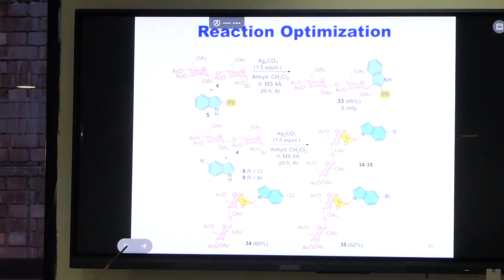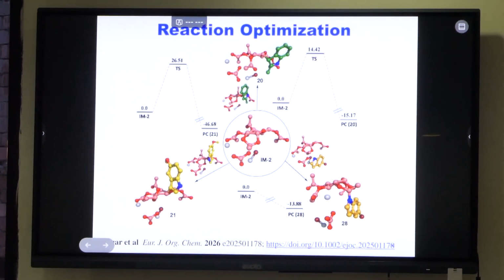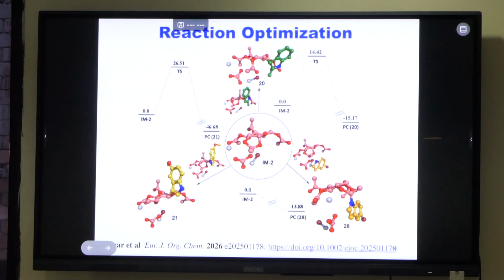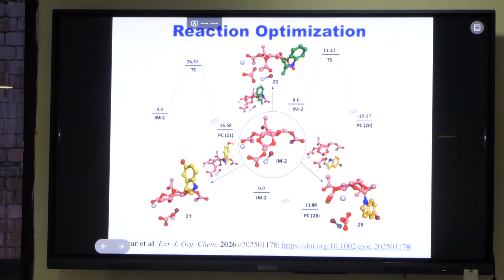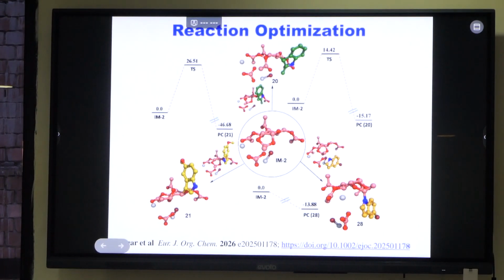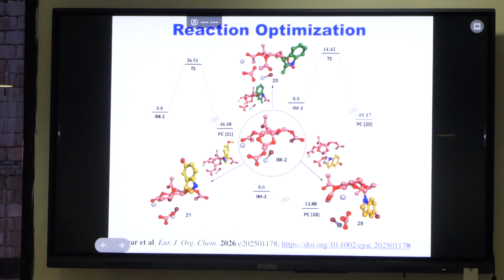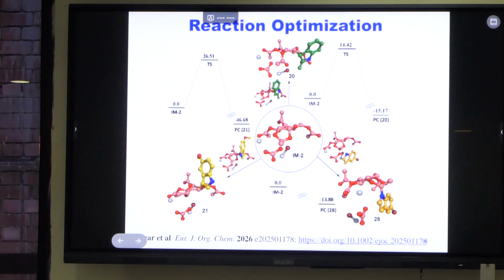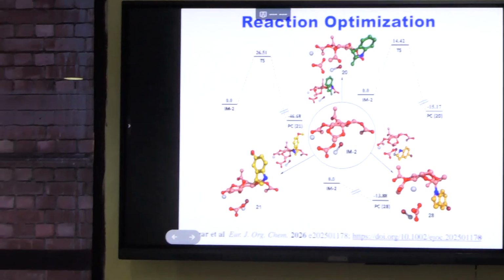And also one important thing I must emphasize: when you are getting any selectivity in chemistry, this is forming, this is not forming, you cannot simply say that in this condition this is forming and in that condition that is forming. That is not enough. There has to be a reason why this particular group, when it is there, only this product is forming, and why the other group gives a different product. There has to be solid scientific support.